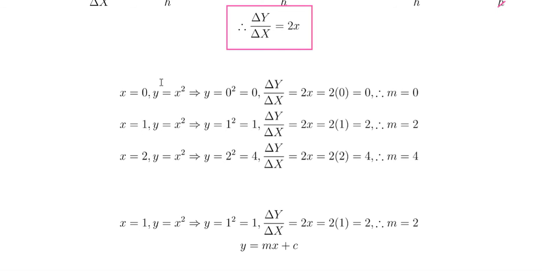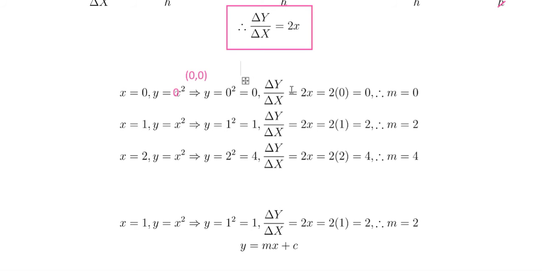And here is why. First of all, let's think about this quadratic, the shape of it. When x equals 0, then y equals 0 squared. 0 squared is just 0, so we'd have the coordinate 0, 0 when x equals 0. Now what's the gradient at that point? What's the gradient at 0, 0?